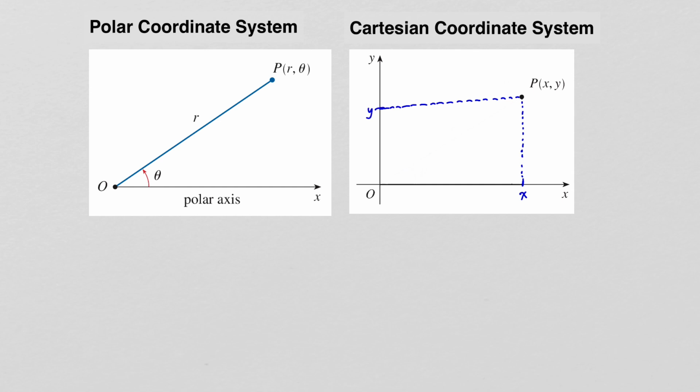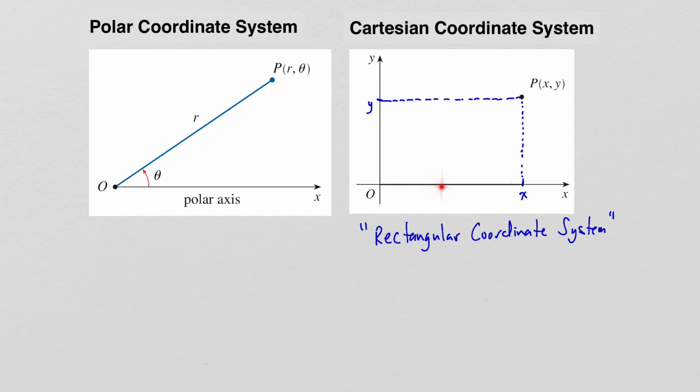This is sometimes called the rectangular coordinate system, and we call it this because when you line up the x-coordinate and the y-coordinate on the corresponding axes, you can see that it creates a rectangle.